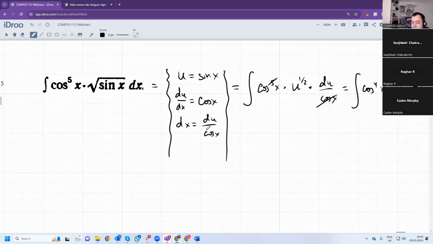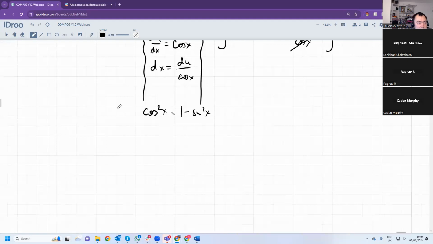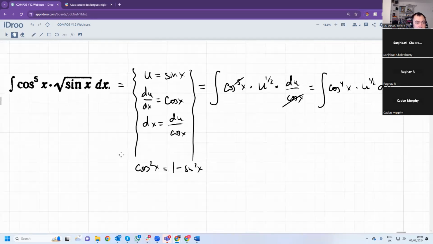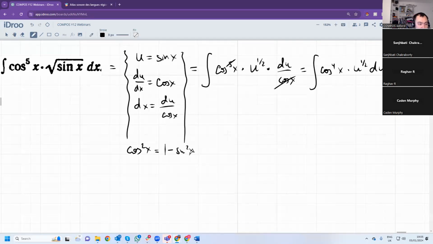But cos to the power 4x, well, trig. You know that cos squared x is 1 minus sine squared x, which is 1 minus u squared.